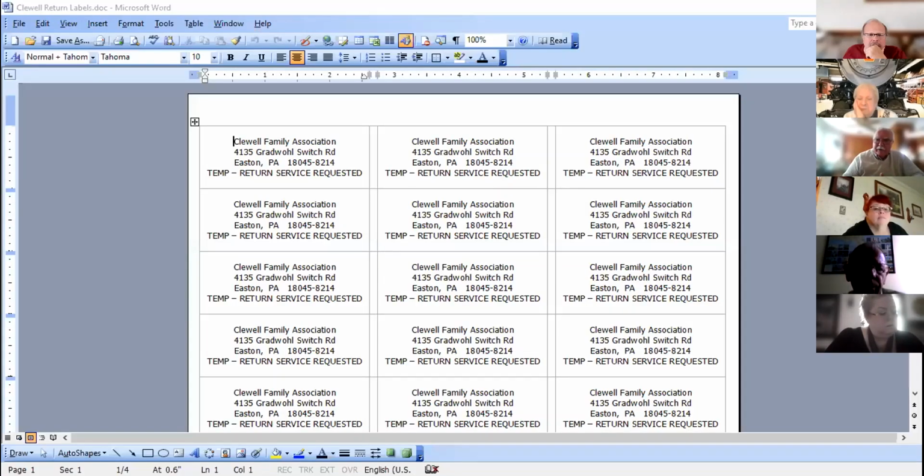So Joanne and Donna, one of the things that I think we have to add to that 2005 letter is to make sure that we have an email address on there for the Clewell family, whether it's Richard's or something else, so that we can get these people to give us a text phone number or an email address or some sort of electronic communication, so we can eliminate having to buy the snail mail.